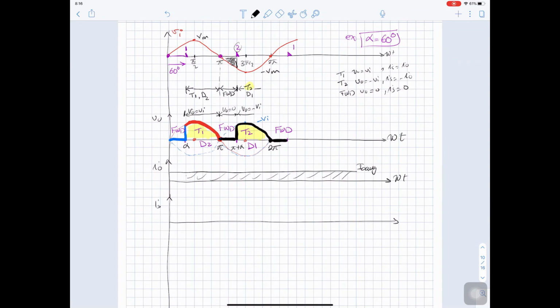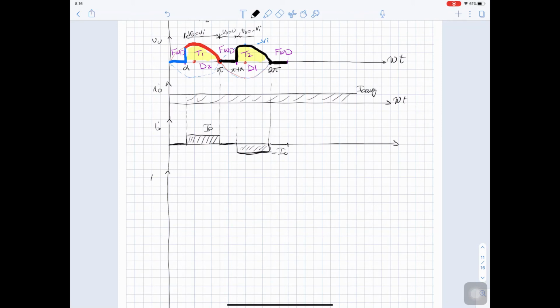So during this time, I source is positive I out. Here I source is 0. Here I source is 0. Here I source is negative I out. And then it is 0 again. So here is I out, negative I out.